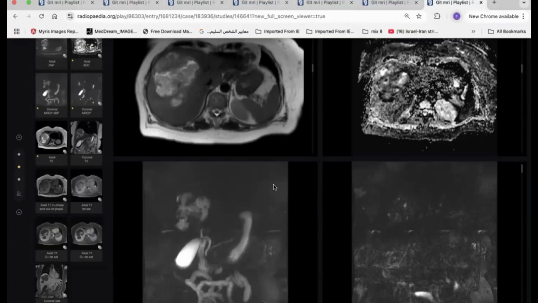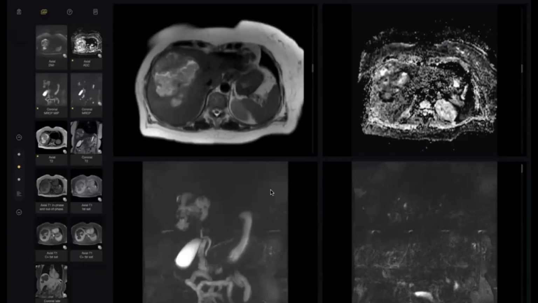Metastasis. Okay, but not metastasis itself. Tumors. Yes. Why do tumors show diffusion restriction? Because of a highly cellular component, such as lymphoma, for example.